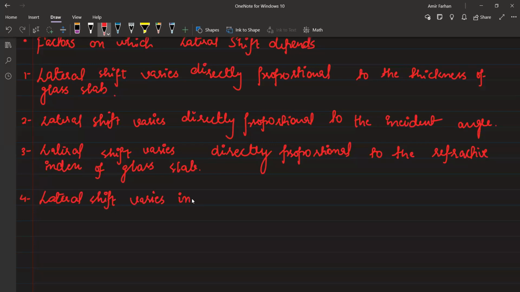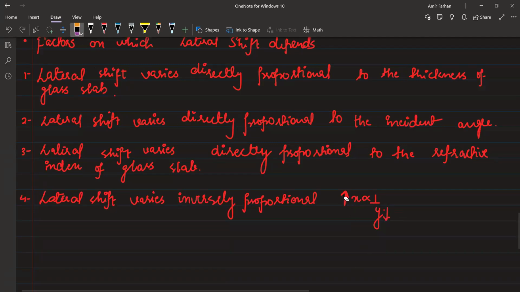Inversely. Now, inversely means, suppose X is like this, this is the example of inversely. Let me tell you what inversely proportional is. Suppose first you put the value of X as 1/2, and then after that put the value of Y as 1/4.